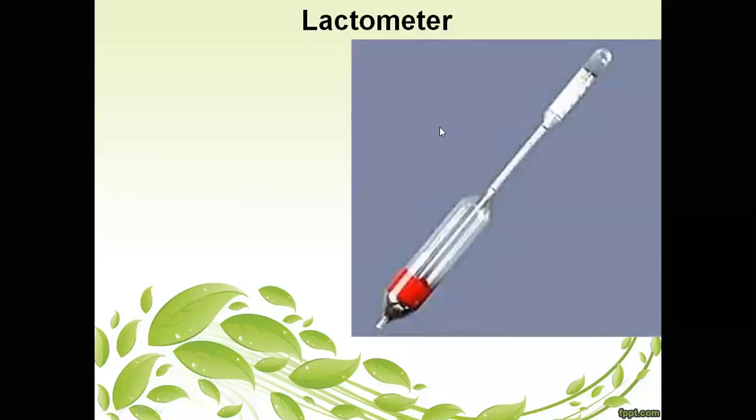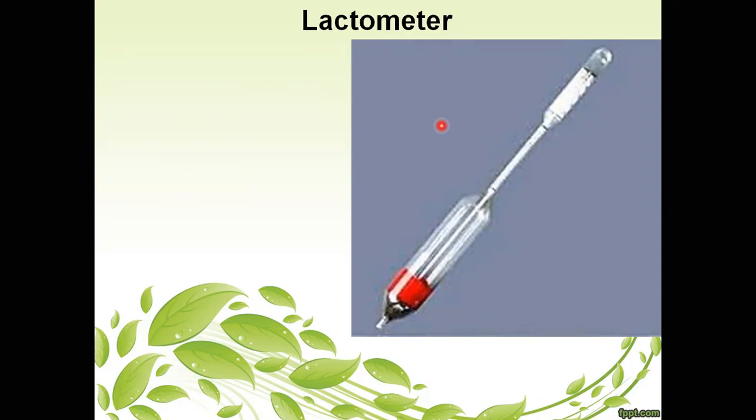Next, we see the lactometer. The lactometer is also an instrument. People generally buy milk from milk dairy farms. Sometimes people start doubting the sellers, suspecting that some water is mixed in the milk.